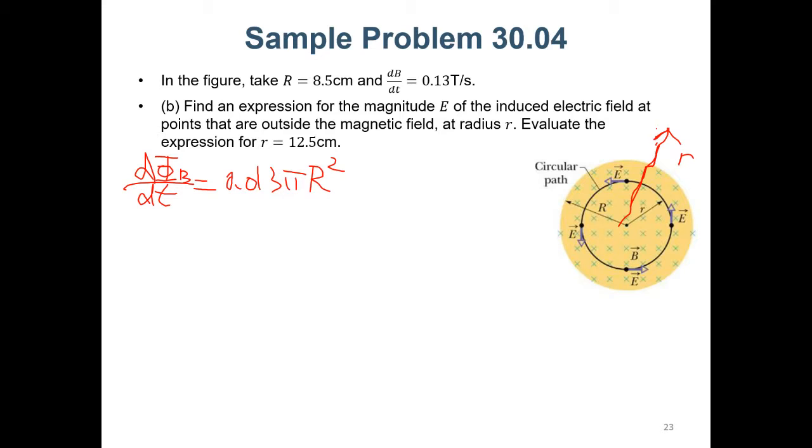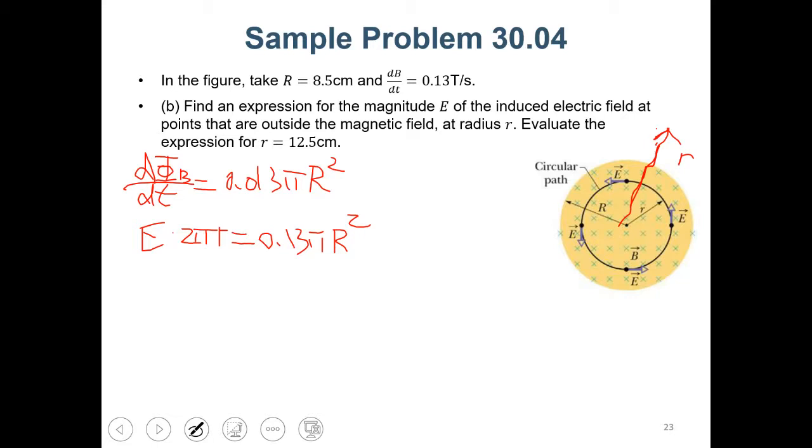So similarly, we can write E times 2 pi r equals 0.13 pi R squared.